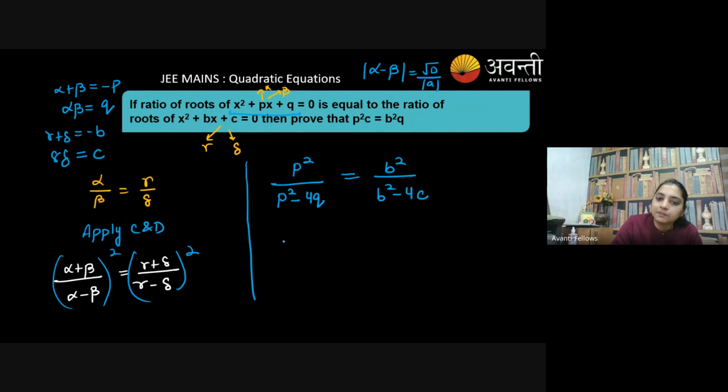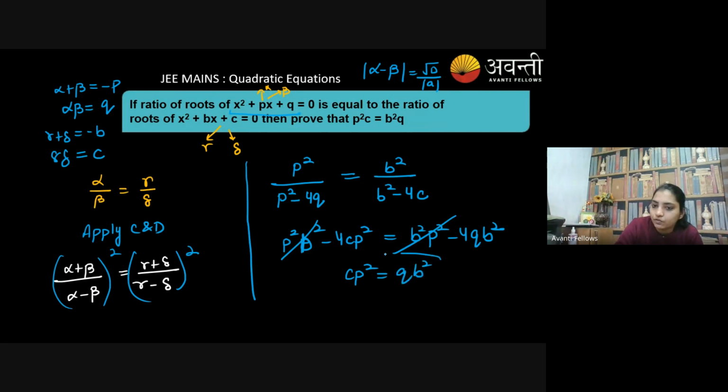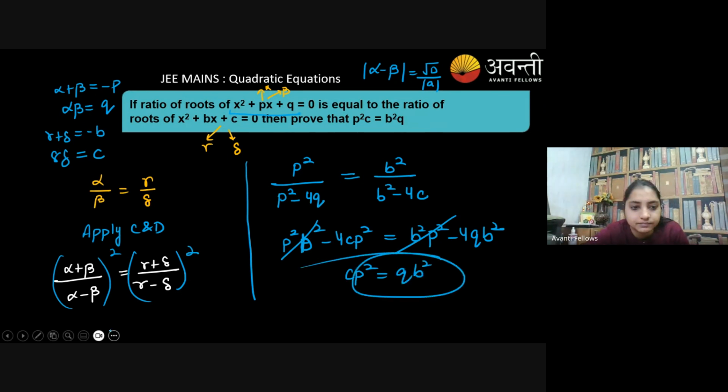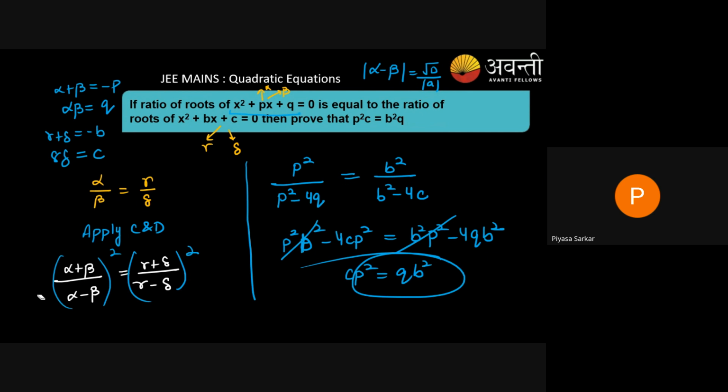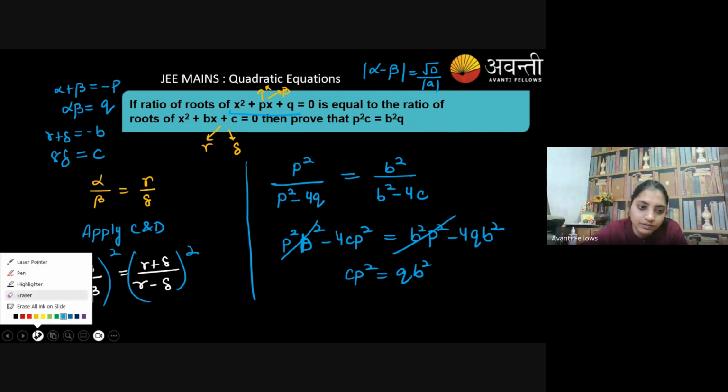Just cross multiply: p square b square minus 4c p square is equal to b square p square minus 4q b square. So this is cancelled, negative is cancelled. C p square is equal to q b square. What do you say? Agree? Yes, ma'am. Anyone having any doubt, any confusion?